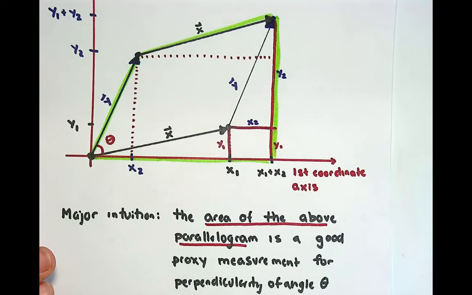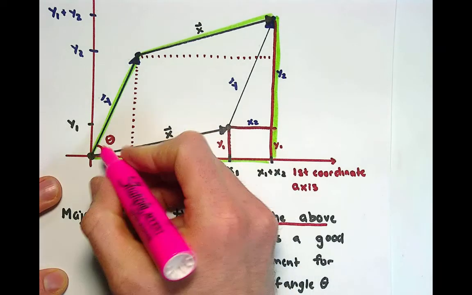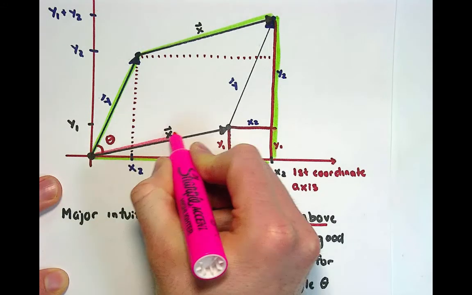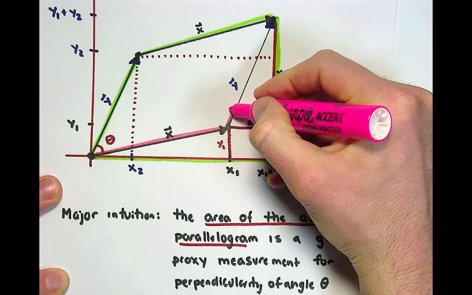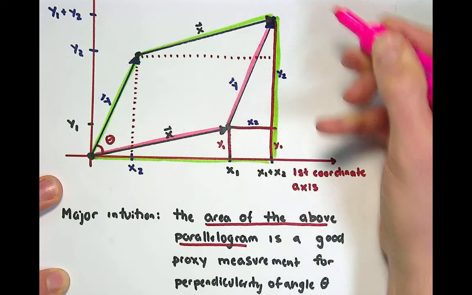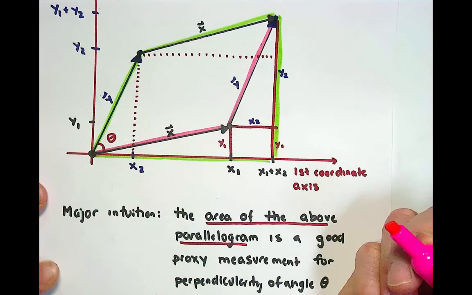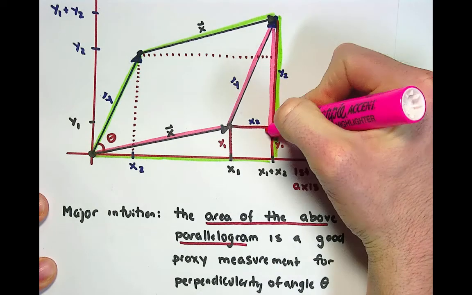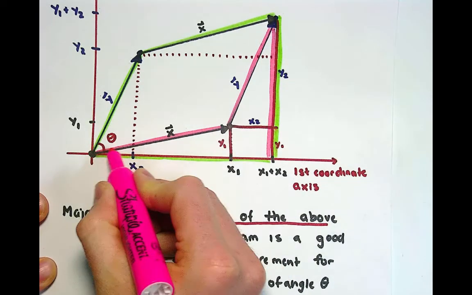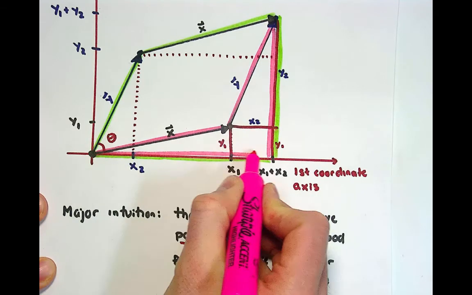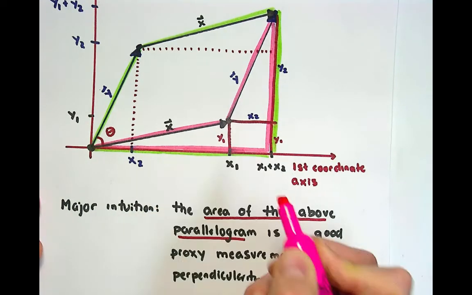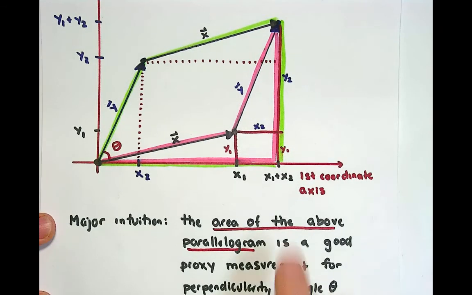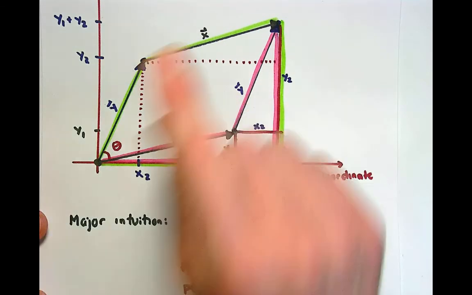And then if we subtract away from that green shape the area of this red shape, where the red shape comes down here, we would be left with the area of the thing in between, right?